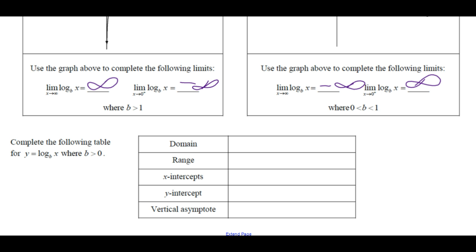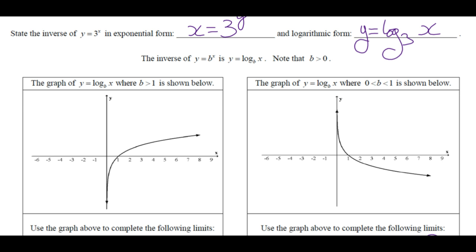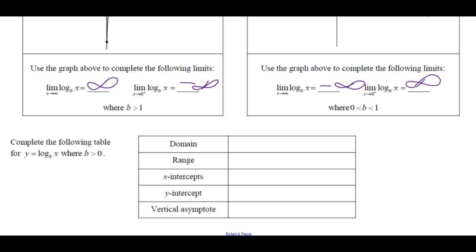Complete the following table for y equals log base b of x where b is greater than 0. The domain is x is greater than 0. Greater than or equal to, or just greater than? Or, in the nice notation, 0 to infinity.